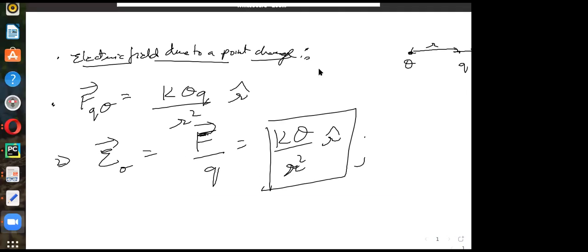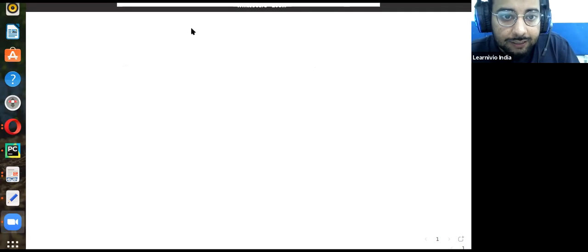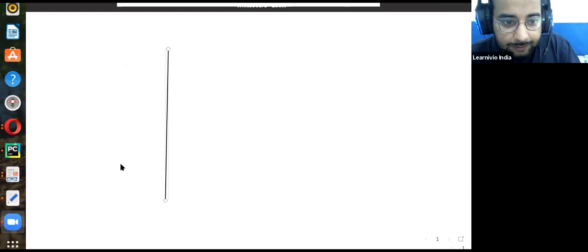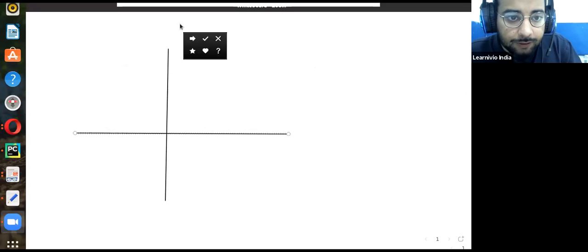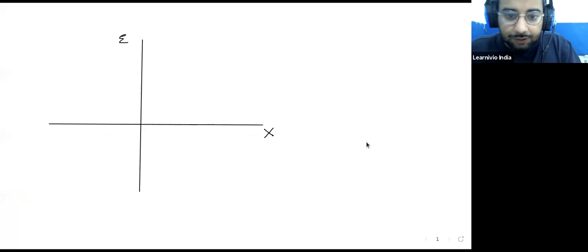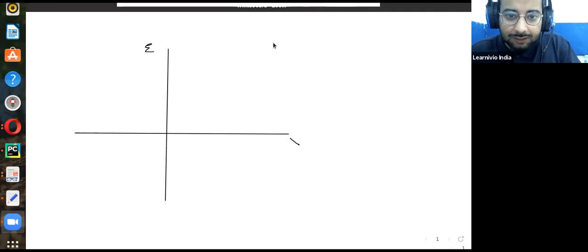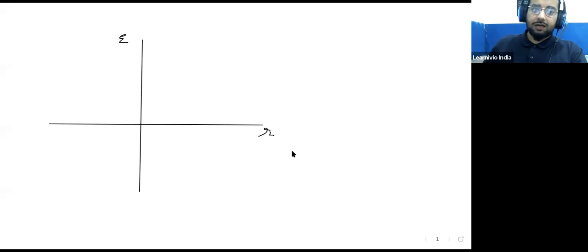Okay, so let's try to plot this and see how this looks. Let's say you have the electric field on the y-axis and the distance r on the x-axis. We've been using r, so let's continue to use r.